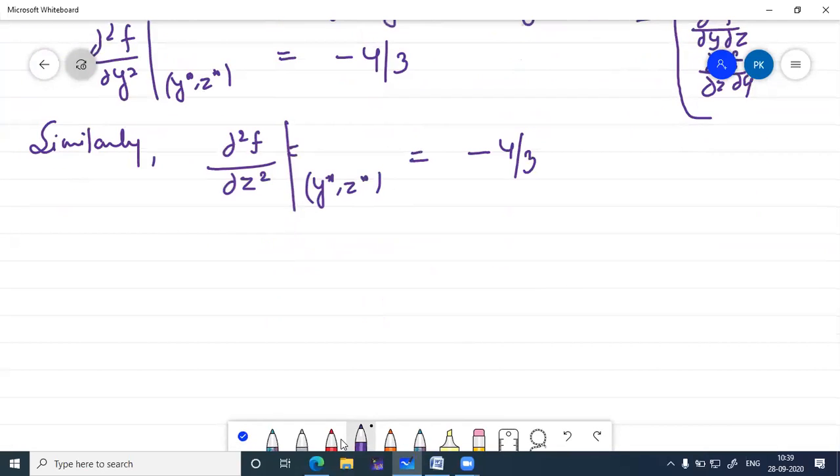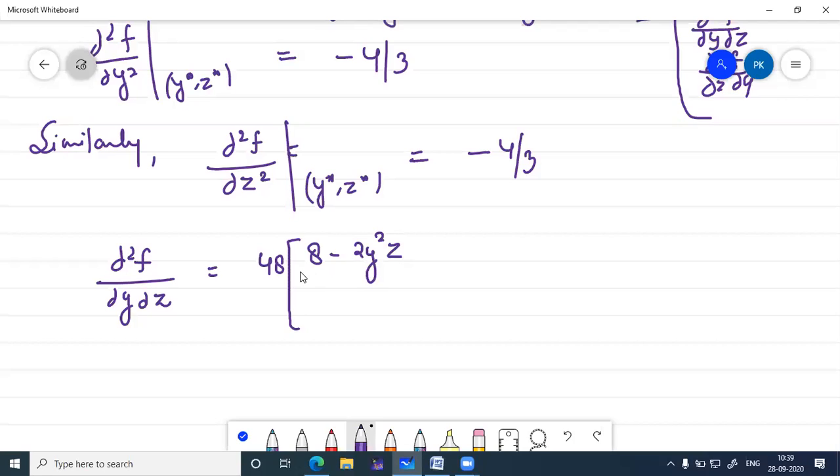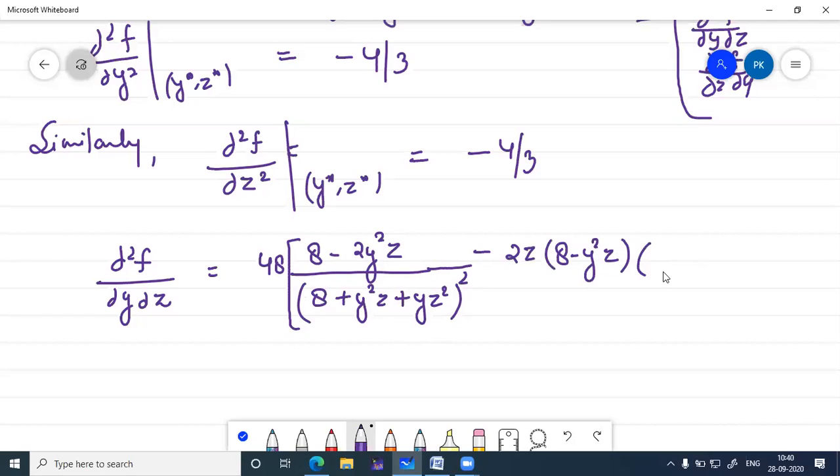It's equal to 8 minus 2 y square z by 8 plus y square z plus yz square whole square, minus 2z times 8 minus y square z, this is y square plus 2yz divided by yz square whole cube.